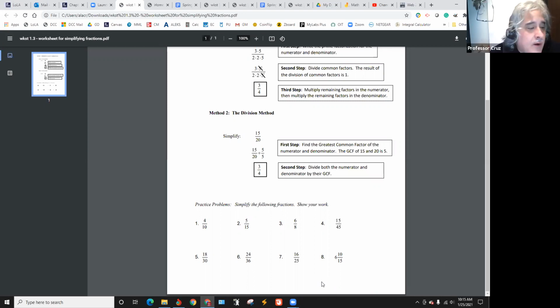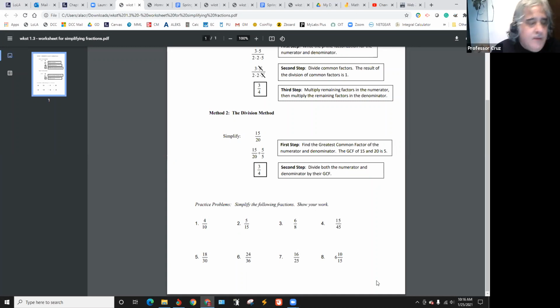Like I said, you could do it by halves first, but then you're going to have 12 over 18, and then you have to do it again, and then again with a 3, because the prime factors are 2, 2, and 3, which is 12, because 2 times 2 is 4, 4 times 3 is 12. So 12 into 24 goes twice, and into 36 3 times.